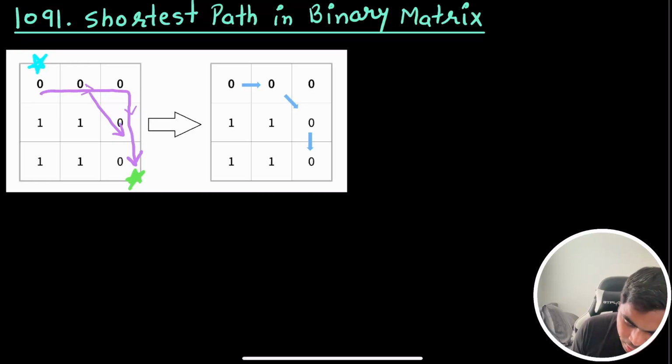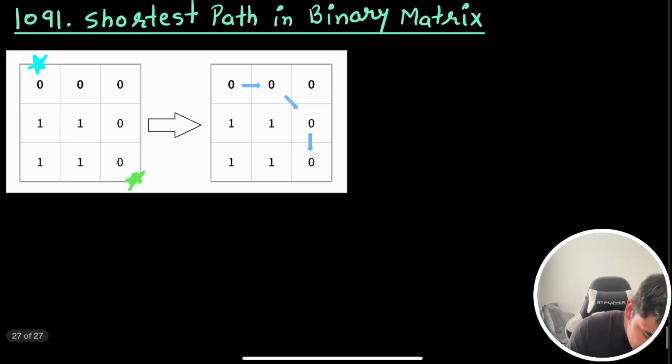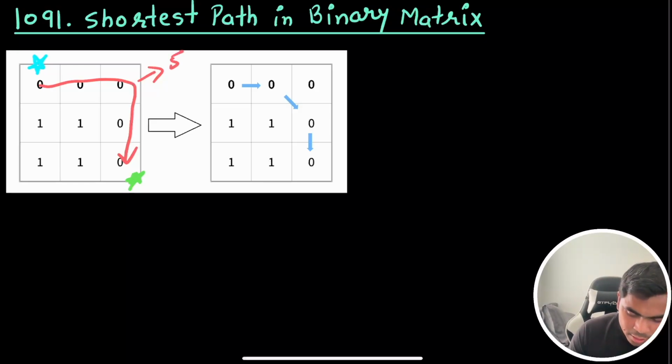So if you see, going from this 0 at the top left to the bottom right, I'm going to draw these paths again. One path is this, and you came across 5 zeros in this. Another path is this, so here and then diagonally and like here.